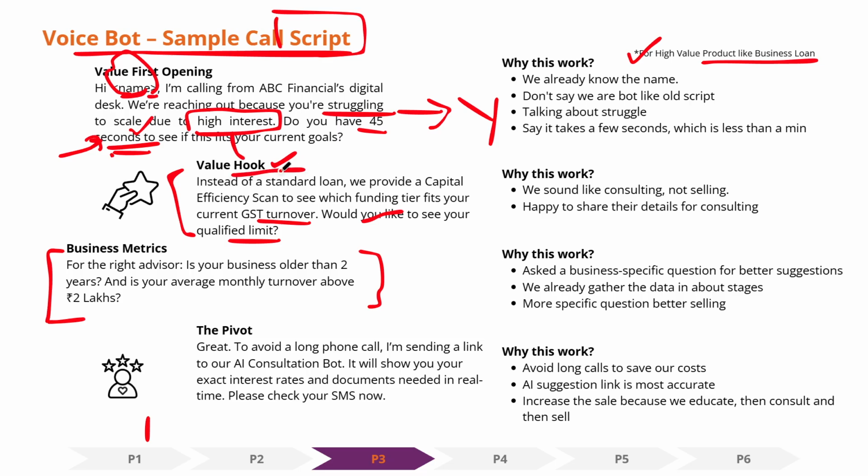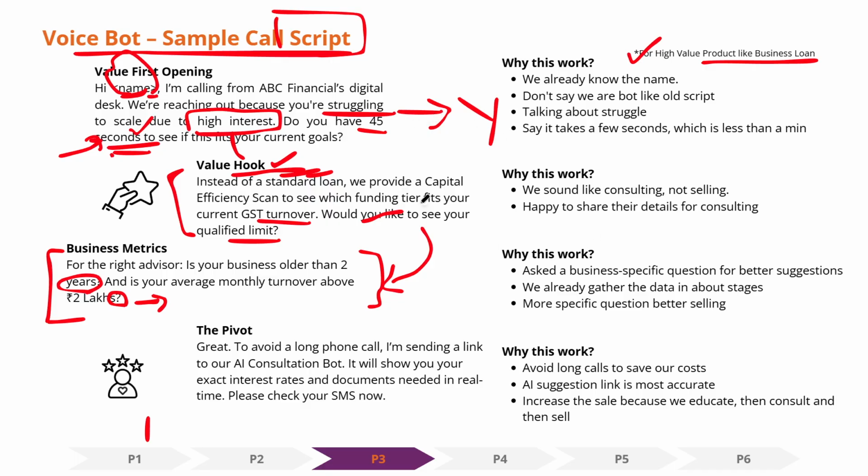You understand the position of the business. After that we ask about the metrics, what the metrics are for the right advisors. Is your business older than 2 years? These are the conditions we are asking about here.